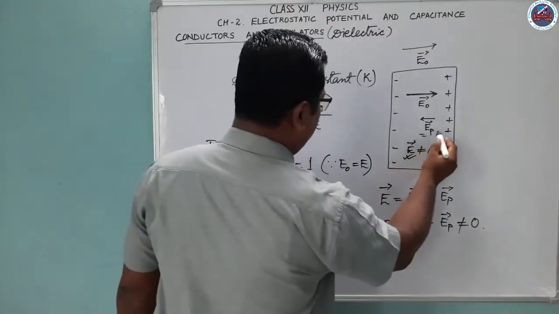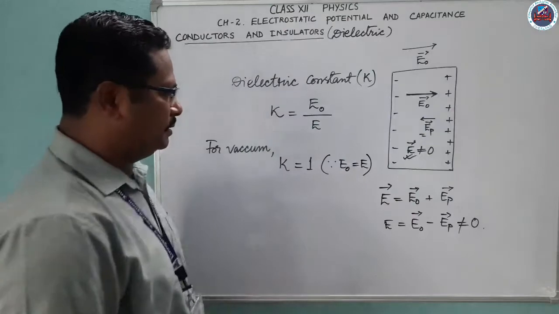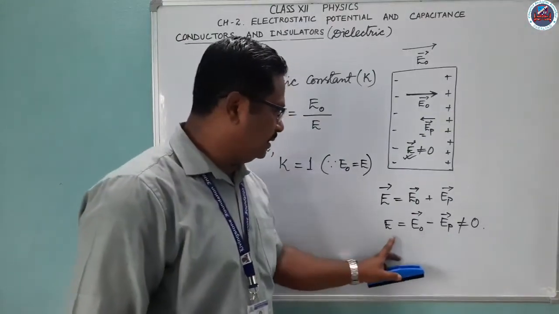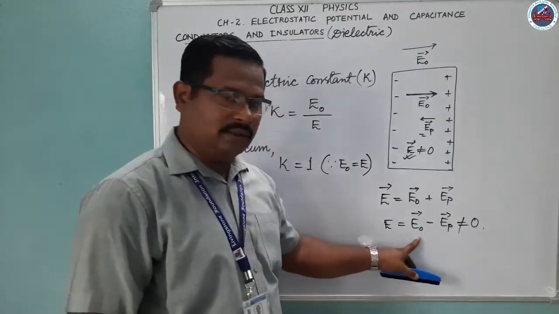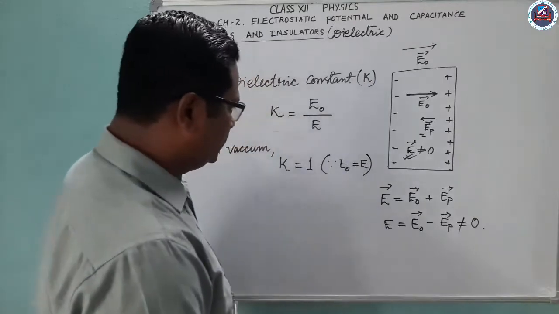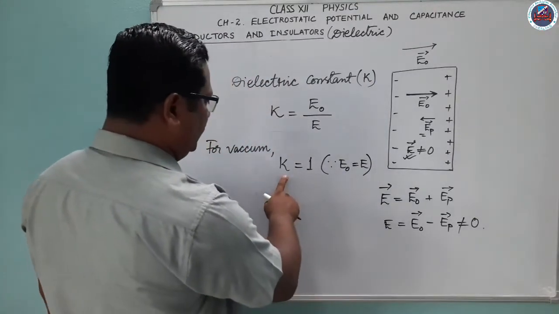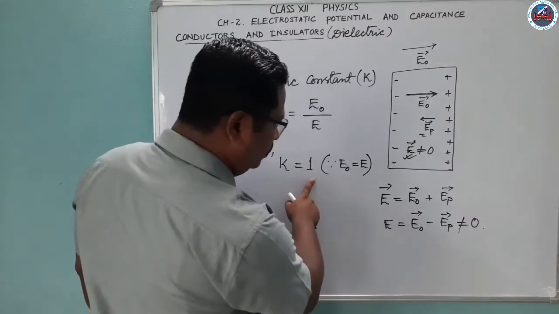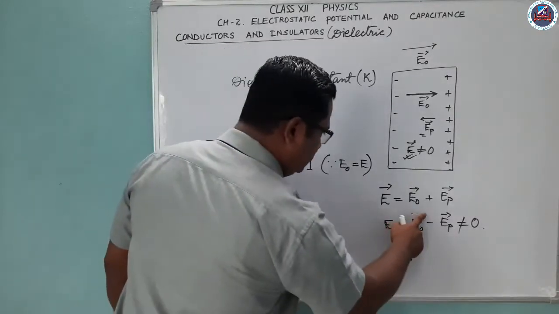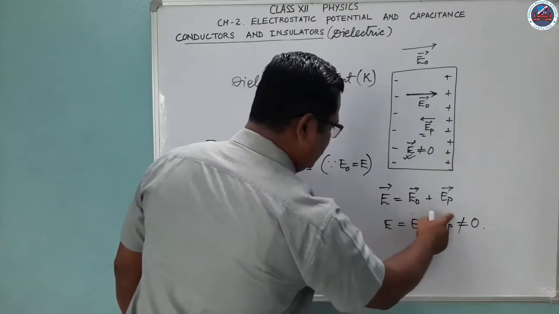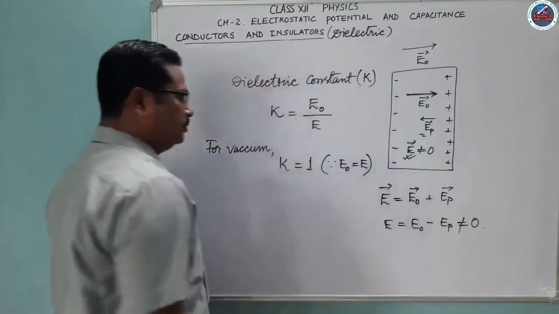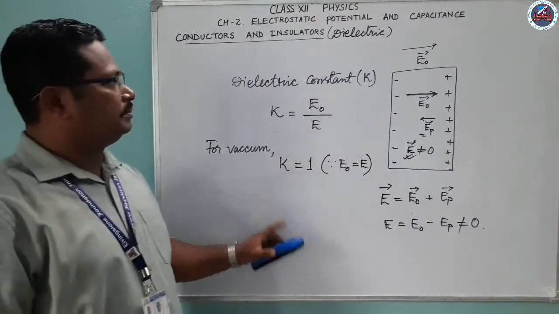This term, EP, will not exist. Then E will be equal to E0. In such a case, the value of K, the dielectric constant, will be 1. Here, it is in scalar form.